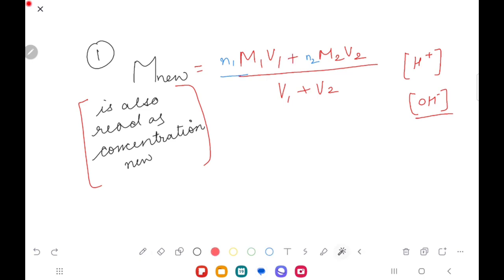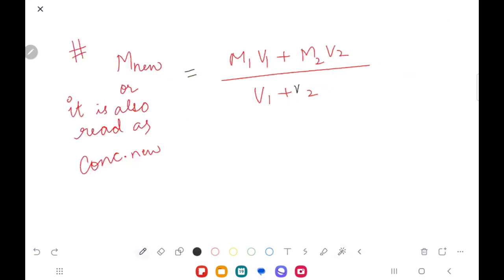That means if you're finding out the concentration of H plus or the concentration of OH negative, you have to see how many H plus ions are there in a particular acid.